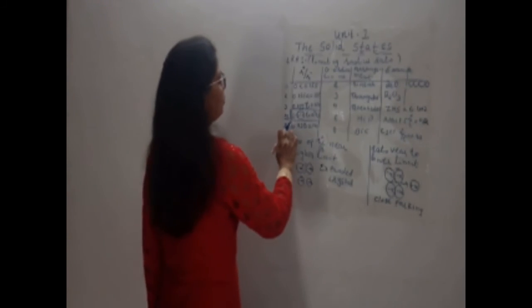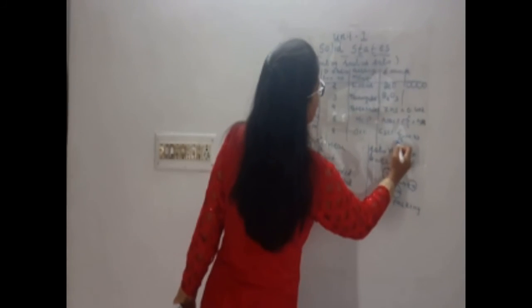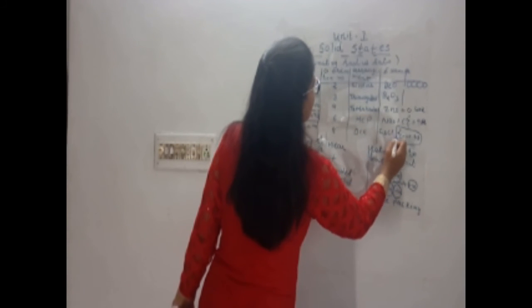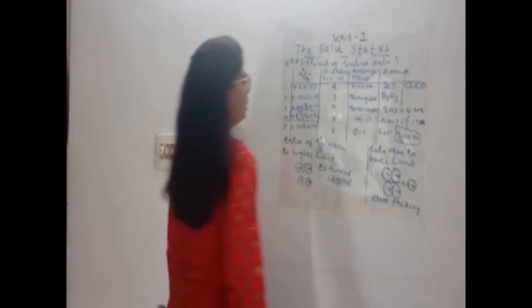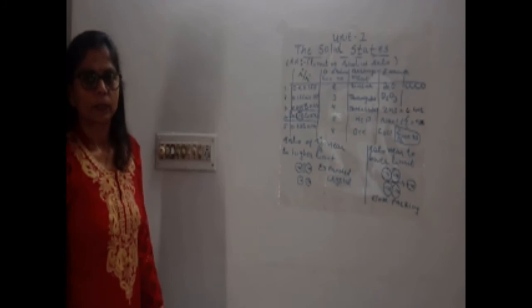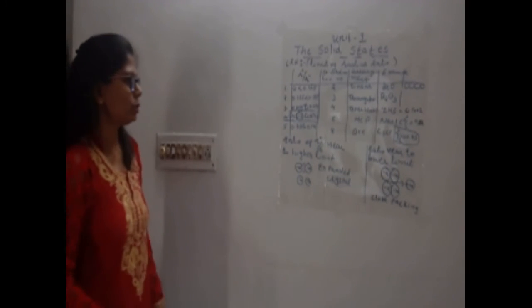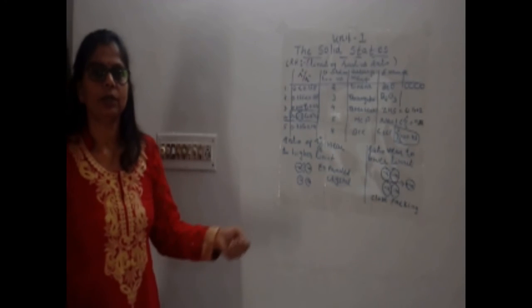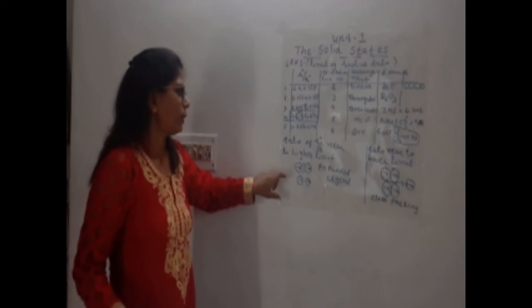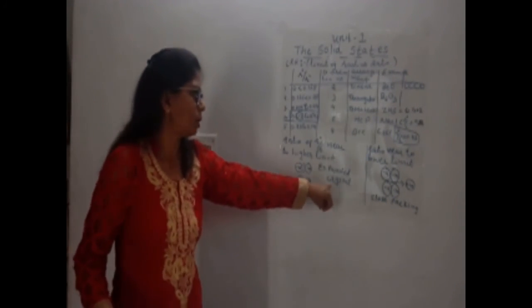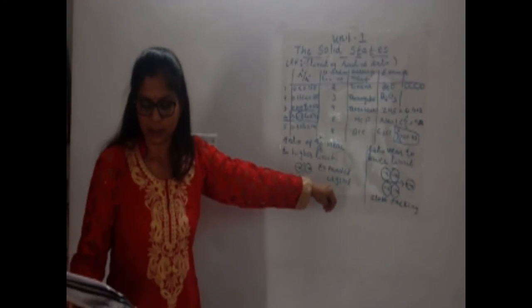Now the last one, the fifth, here I have given the ratio 0.93. That is your homework. You have to find out how to write this in your notebook and determine whether it is close packing or an expanded crystal.